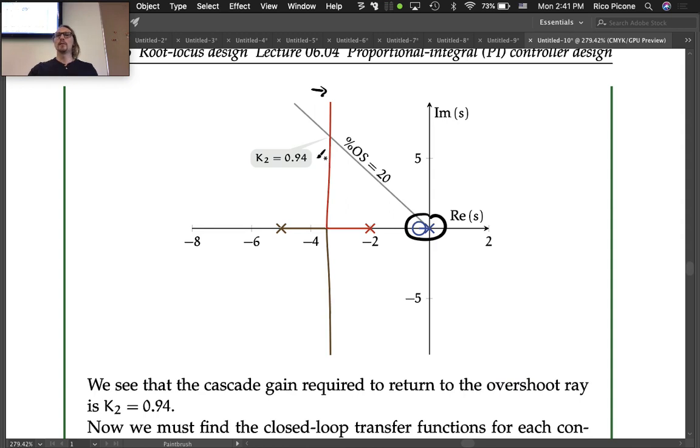If that gain was 1, that would mean it was exactly the same as the first time, because it's just multiplying the original gain. So K1 was 4.9, and this gain is 0.94, which means it's 6% less than 4.9. So it's 6% different than the original gain we chose. Pretty similar, though, right? Not too far off.